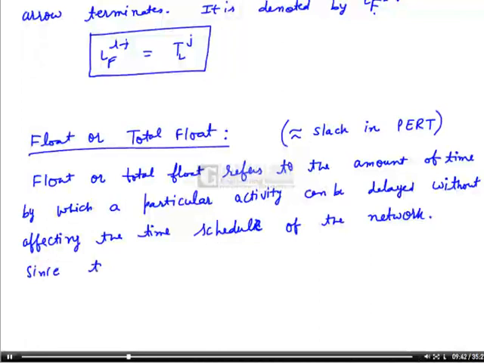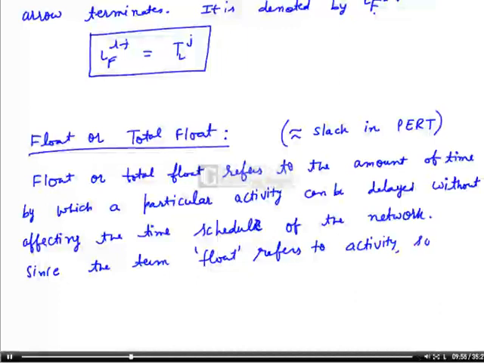Since the term float refers to activity, so it is used in CPM, and this is defined as the difference between maximum available time to perform the activity and activity duration time.